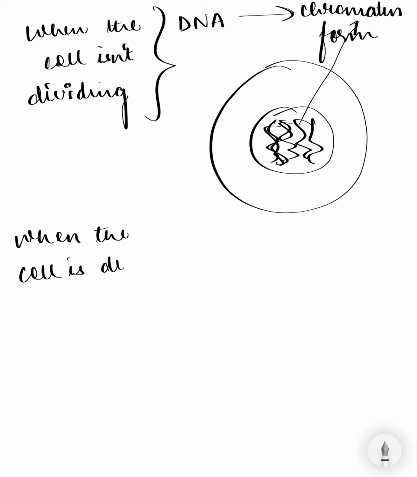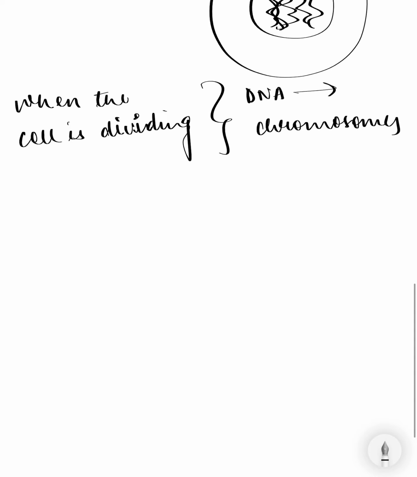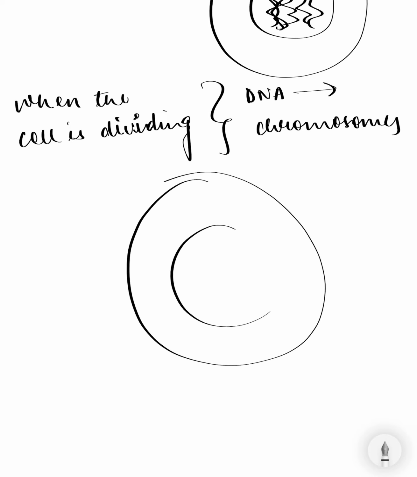But what happens when the cell is dividing? The DNA rearranges itself and makes rod-like structures called chromosomes. Let me draw a structure so that you can understand it. This is the cell, this is the nucleus. They rearrange in a compact condensed form like this.